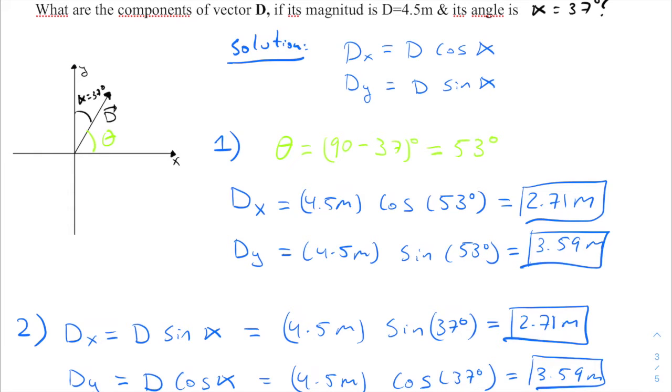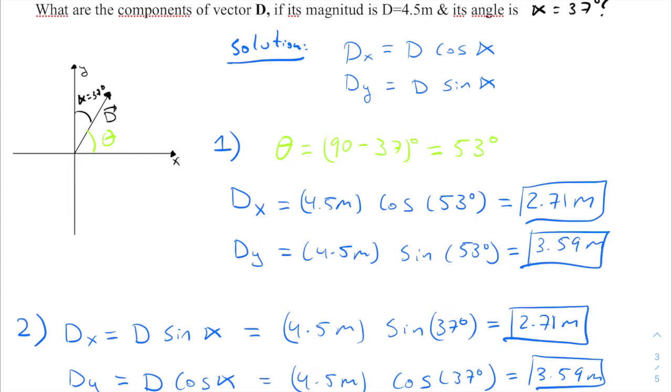Because the x-axis and the y-axis form a 90-degree angle, we know that theta must be 90 degrees minus alpha, which is 37 degrees, which gives us 53 degrees. Then, having this angle, we can use these formulas above, and we have that the x component of the vector is equal to the magnitude of 4.5 meters times cosine of 53 degrees, which gives us 2.71 meters.